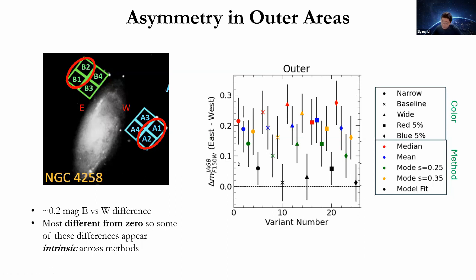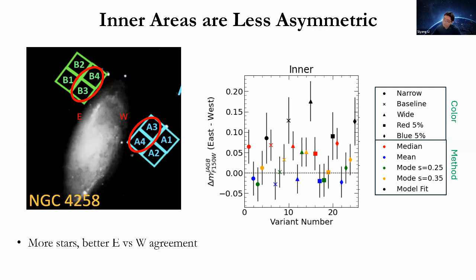We would expect for a good standard candle that the difference should be consistent with 0, and that's what I show with the dashed black line here. Because most of these measurements are not consistent with 0, that might be suggesting something intrinsic is going on.